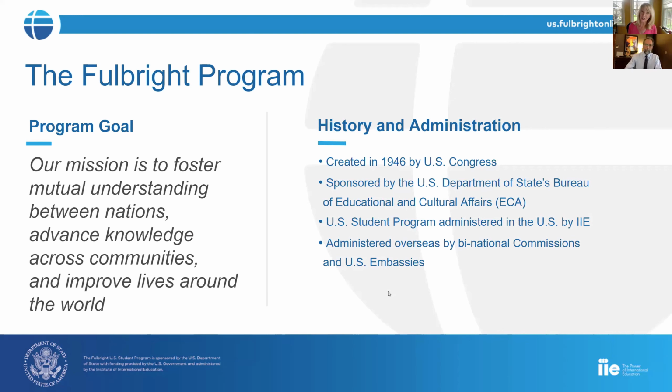Then President Harry Truman signed the bill into law, and Congress created the Fulbright program. So the program has been in existence quite a long time. We highlight the mission, this program goal to foster mutual understanding between nations, advance knowledge across communities, and improve lives around the world.